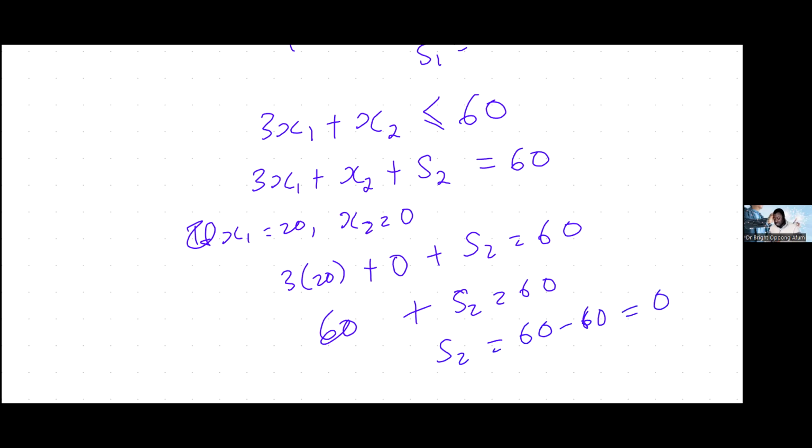What this means is that there are no unused resources; all the resources for the second constraint have been used. So the slack variable does not contribute anything to the objective function, because it's not a decision variable.